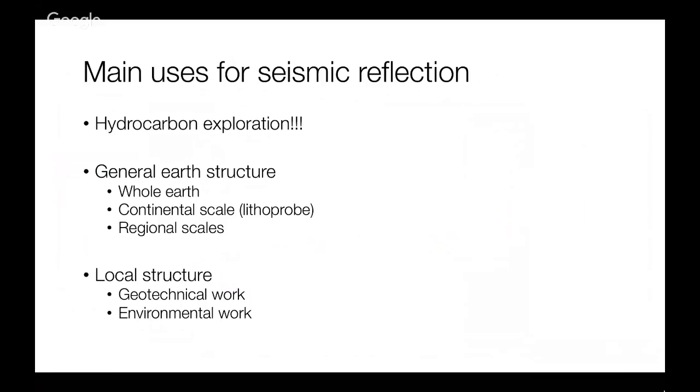For reflection, we can also use it for whole earth types of studies. From earthquakes, you can use reflections off of your different boundaries throughout the earth, like the MOHO reflector and ones off of the core, the outer core and the inner core, for whole earth studies or continental style studies.